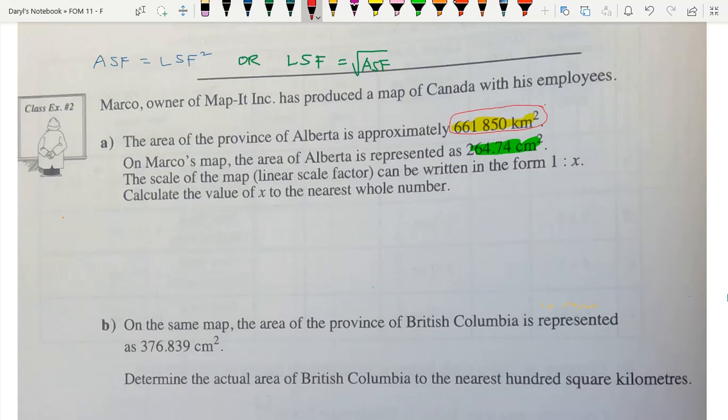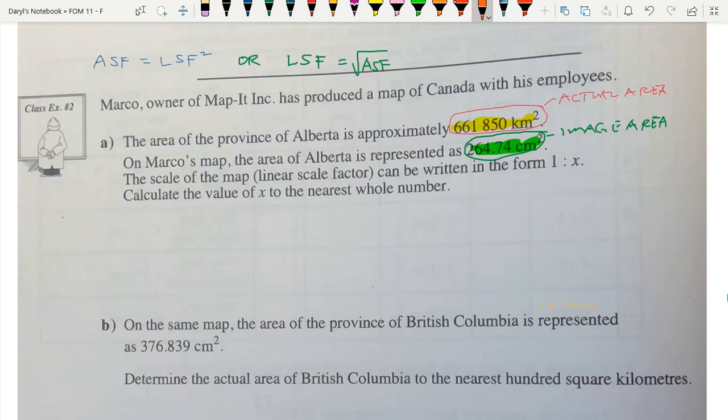Well, this would be the actual area. And the 264.74 cm squared is the image area, or just the area in your model.